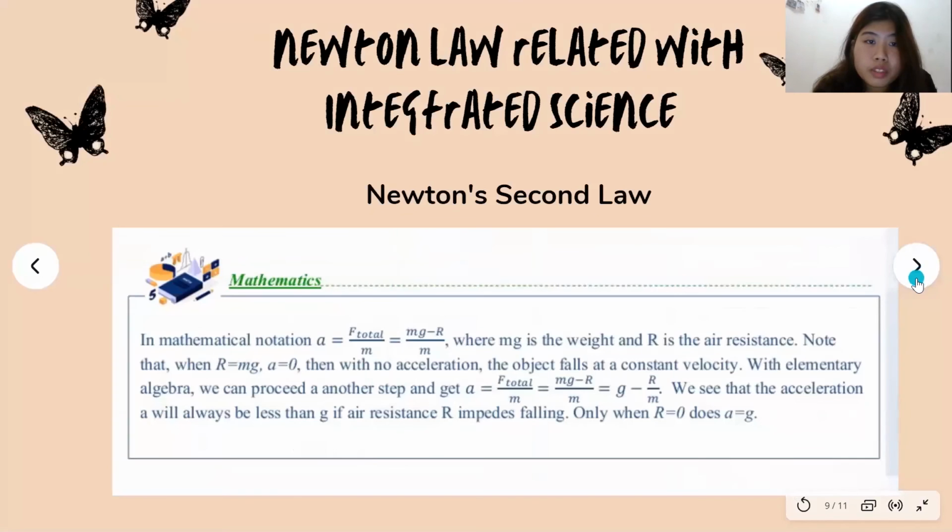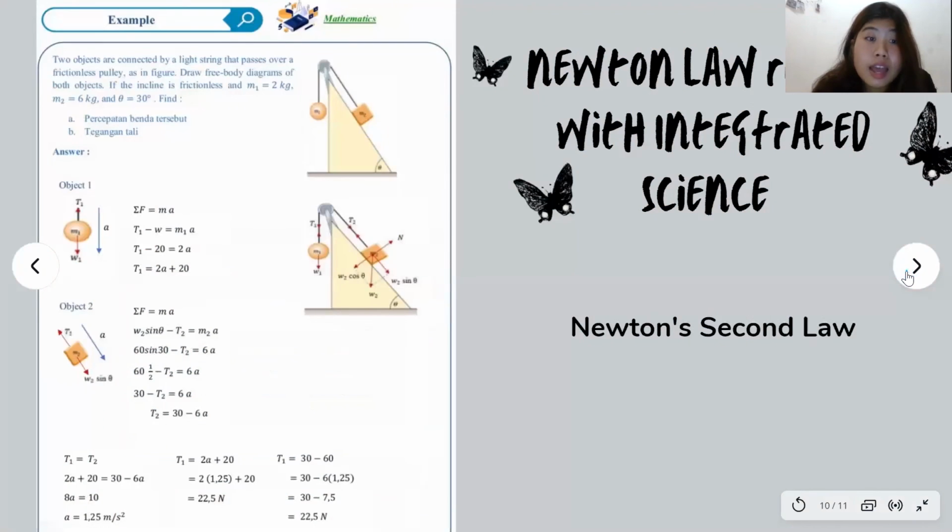And this is Newton's second law related with math. You can see, for example, Newton's second law. We ever meet this formula, right? Newton's second law again.